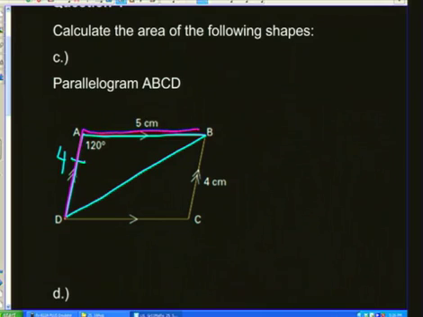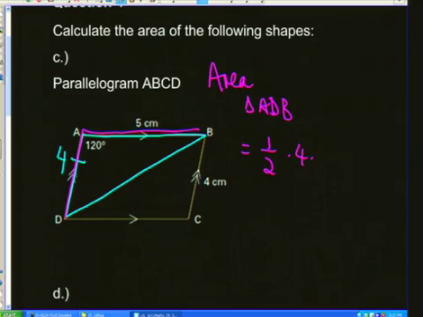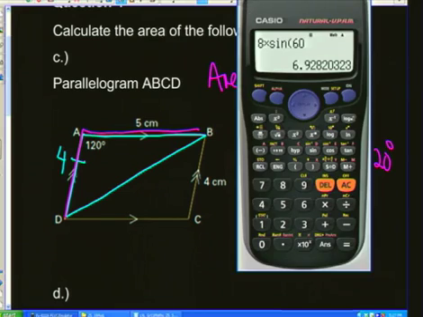So I can say that the area of triangle ADB is equal to a half of 4 times 5 times the sine of the included angle. And that gives me a half of 4 is 2, 2 5s are 10, 10 times sine 120. So sine 120 times 10 gives me 5 root 3, but that's the blue triangle.